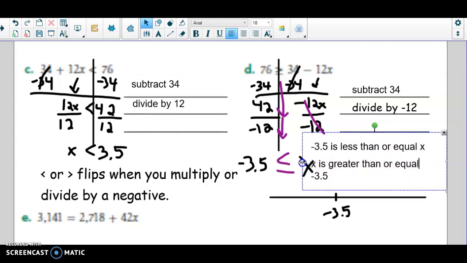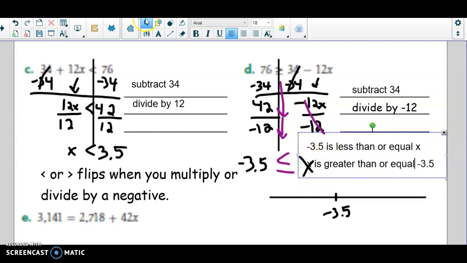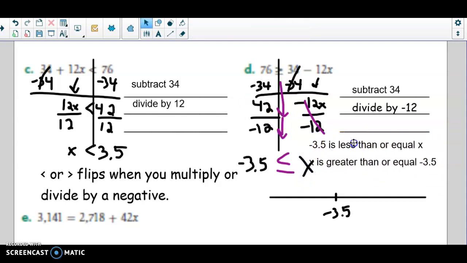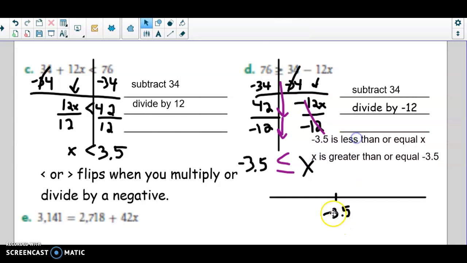On our number line it might look like a filled-in circle at negative 3.5, and we want to go this way, because x is always greater. So what numbers would that be? That would be like 0, that would be like positive 3.5, okay?